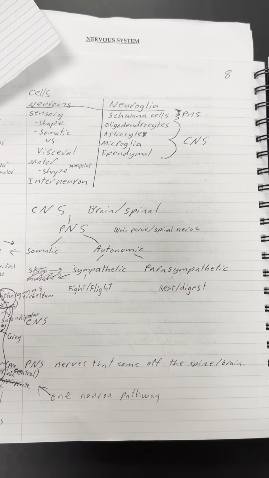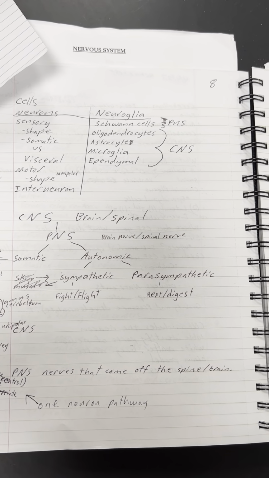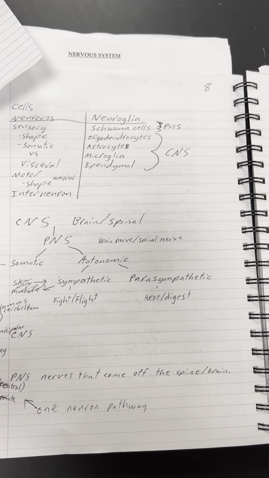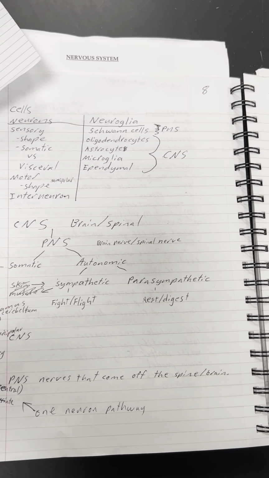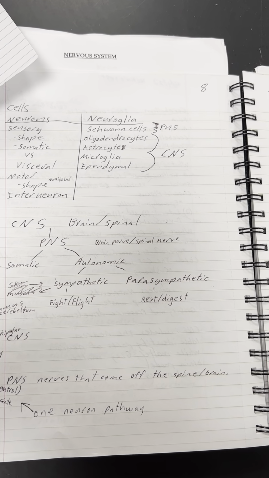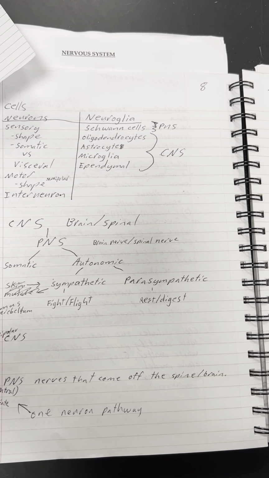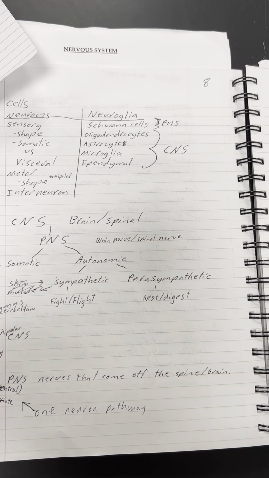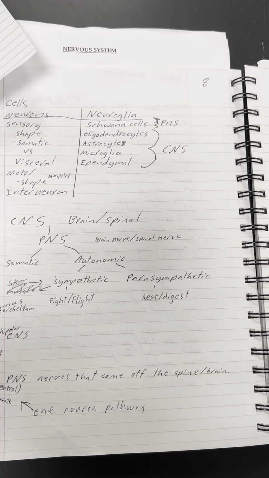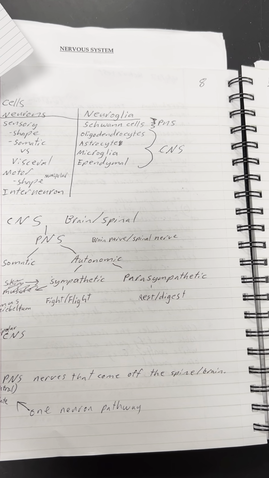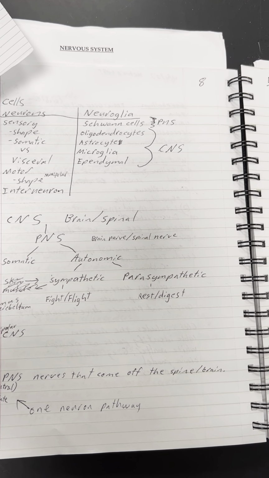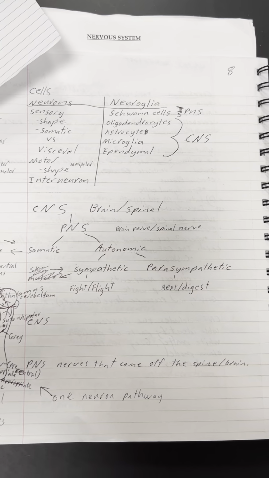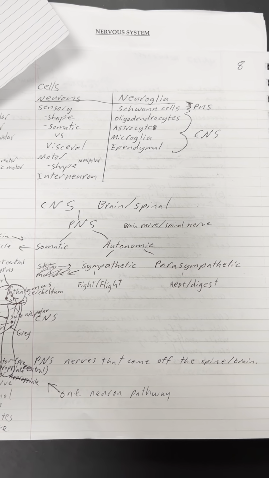Neuron gray, dendrites white. Upper motor, precentral, appropriate, lower motor, same nerve. Okay. Upper motor sends it to the right place.